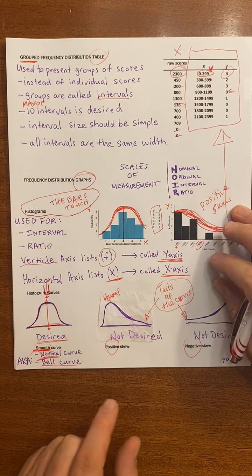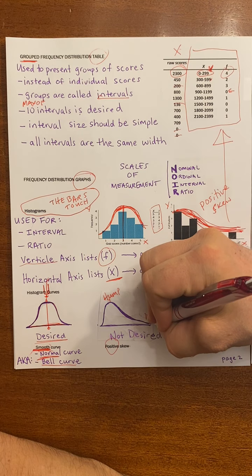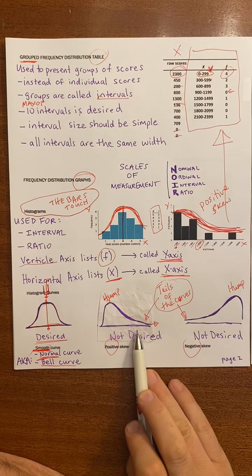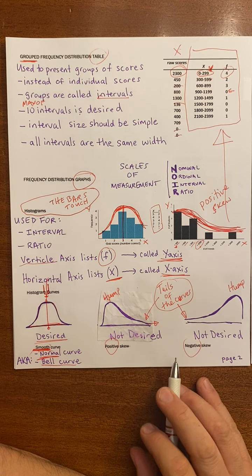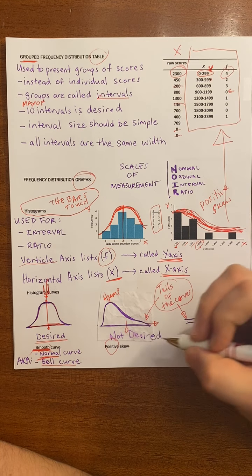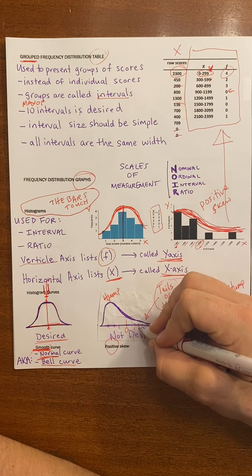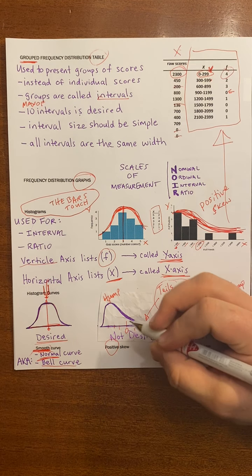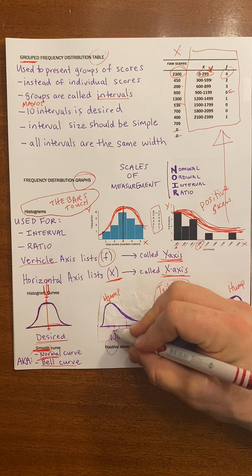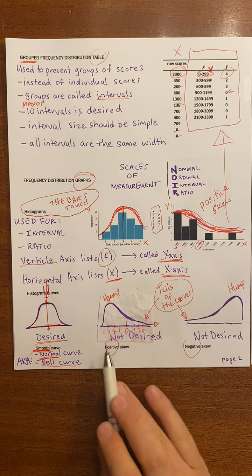Basically what's happening is in the positive skew, the tail is pointing towards the positive direction of, say, the number scale, right? If we had a 0 and then we had our numbers to the right of the 0 and numbers to the left of the 0, the numbers to the left would be your negative numbers.